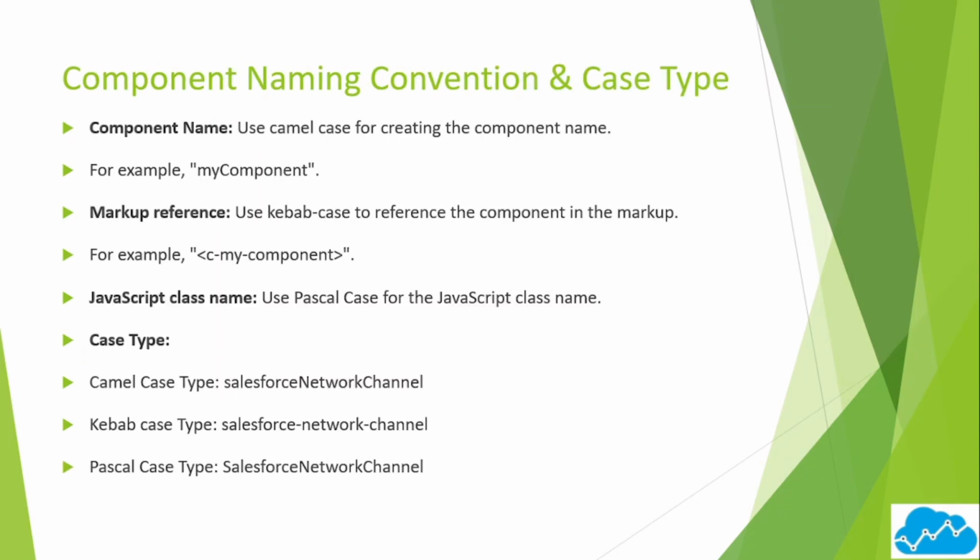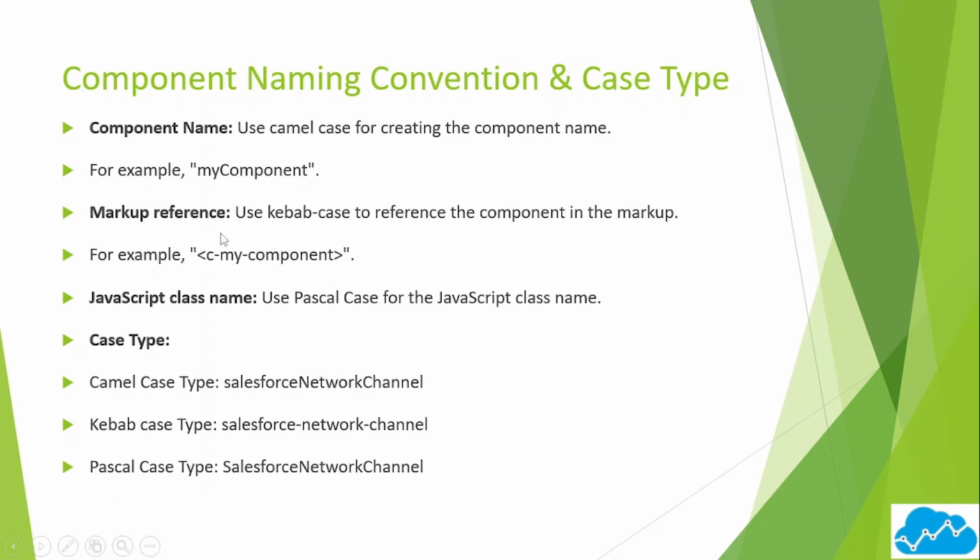Component naming convention and case type. Whenever we are creating any Lightning Web Component, we use camel case for the component name. For example, if we are creating the component by the name myComponent, then it should be in this format only. This format is known as camel case.